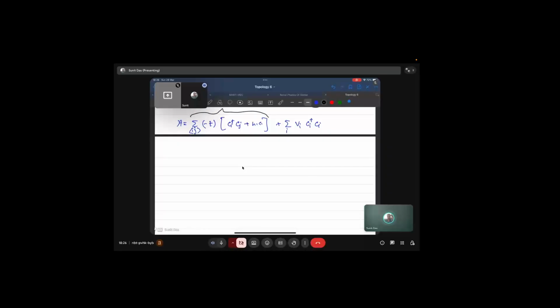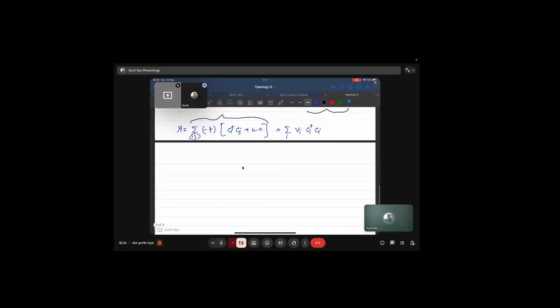And this term represents the disorder. Okay, Vi is the disorder strength. If we think about graphene itself, at each corner there is some atom, right? And the hopping between these atoms is represented by minus t, and it goes on.